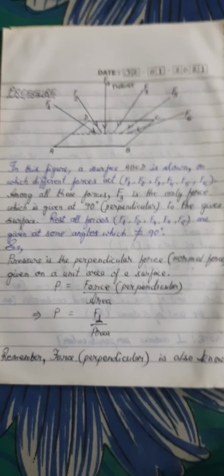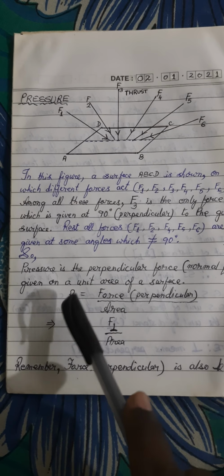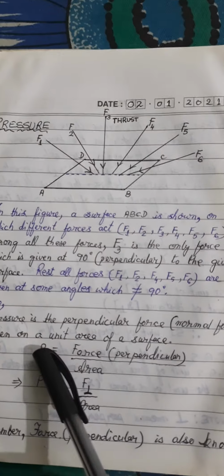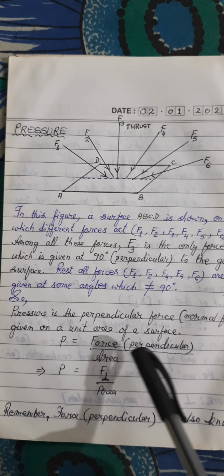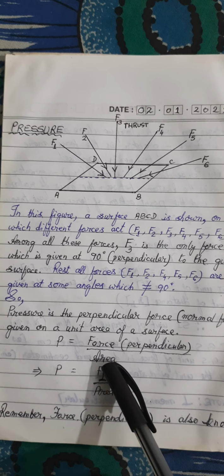Now why am I teaching this topic, thrust? Because this thrust is related to the topic that we are studying now: pressure. Pressure's formula is this: force perpendicular, or in other words, thrust divided by area.